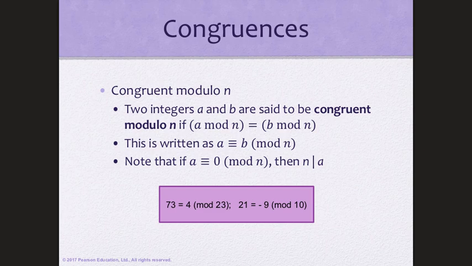Now, under that modular arithmetic, we redefine the equal operator with something called the congruence operator. So, let's say for example, we are working on mod 3.